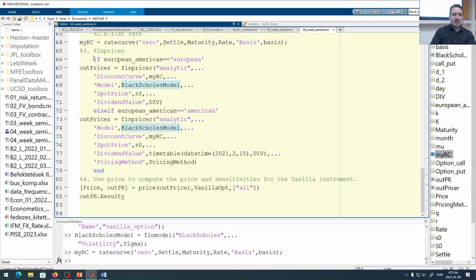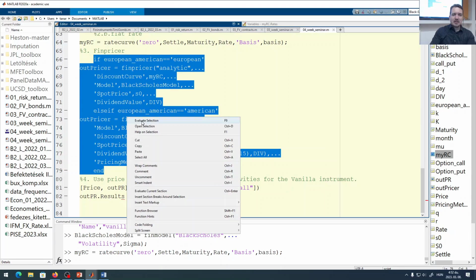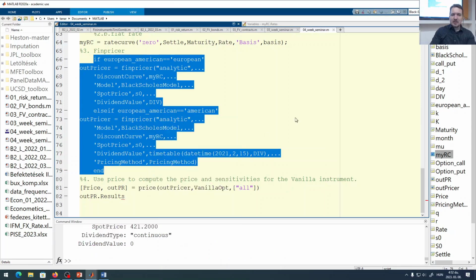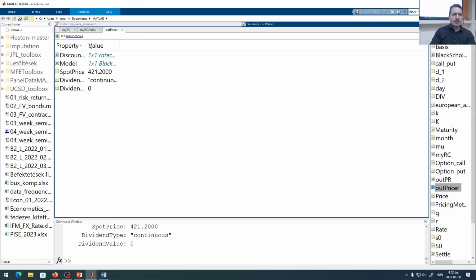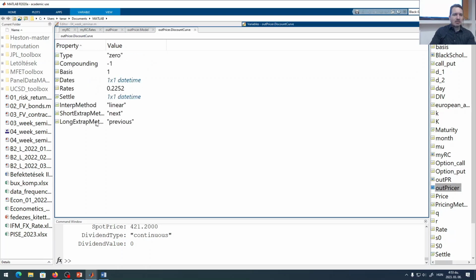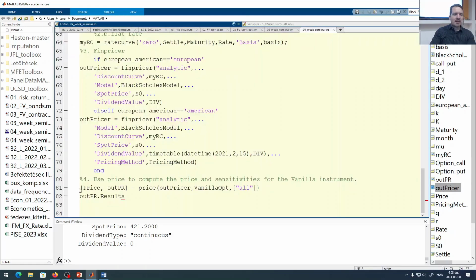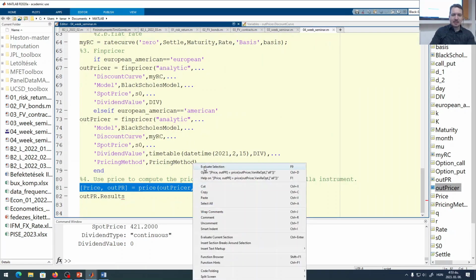But so if you are selecting this pricer, again it doesn't contain so many things. So it's just organizing stuff, and after that the magic happens here in the last line again.